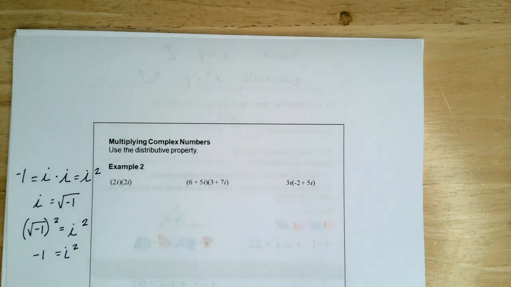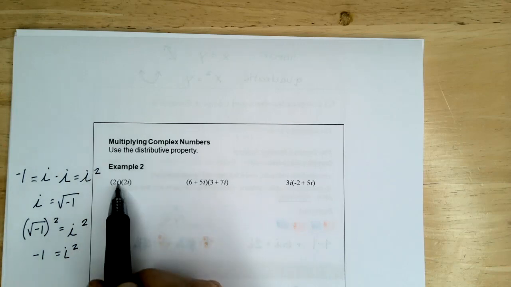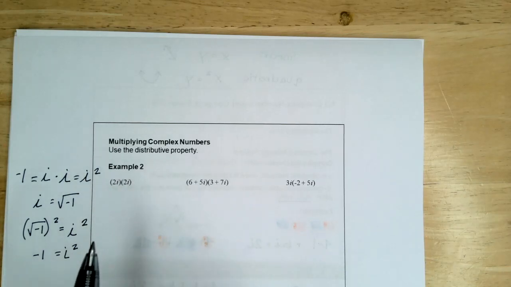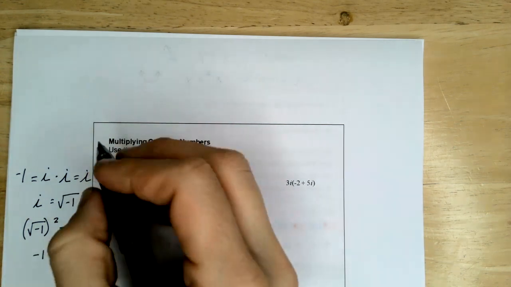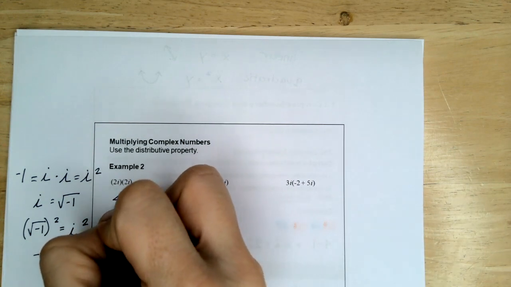When you are multiplying the i's, you treat them just like you're treating a variable x. i to the first power times i to the first power. You can use the rules for exponents, which is when you are multiplying exponents, keep the base and add the exponents, right? So 2 times 2 becomes 4.